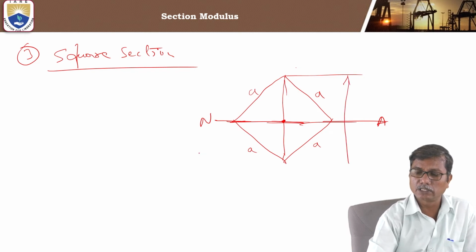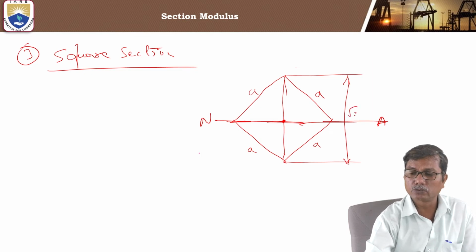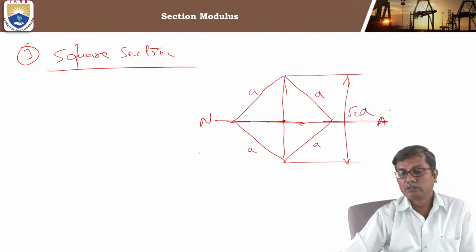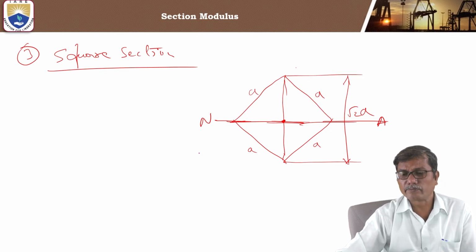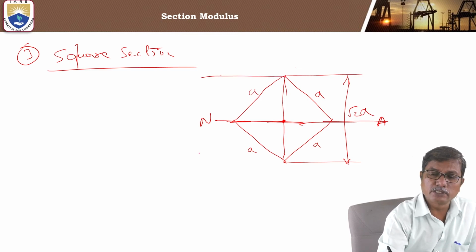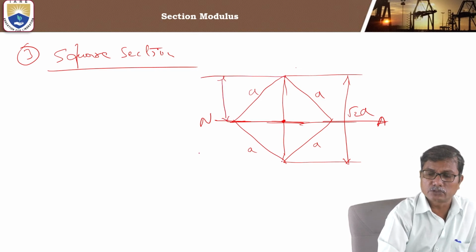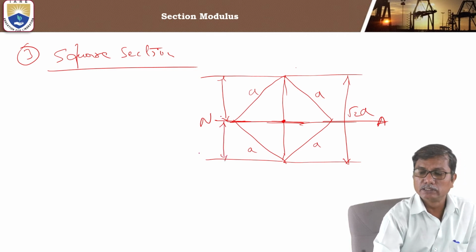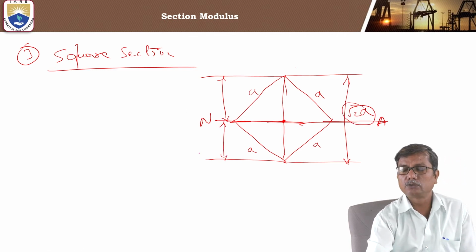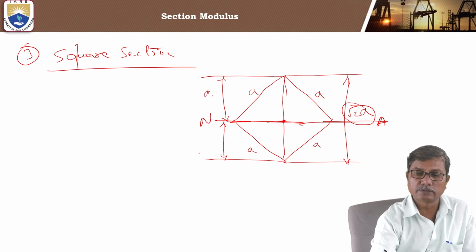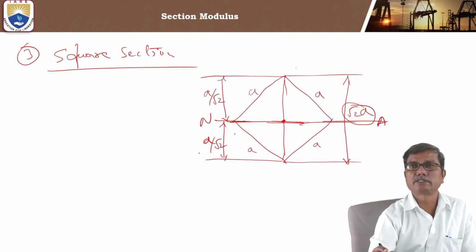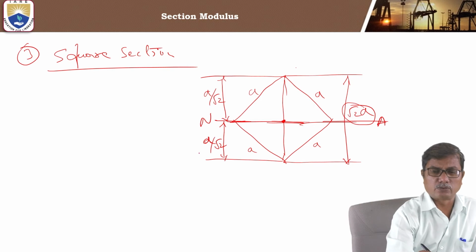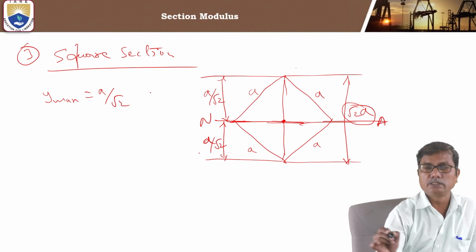The total length of the diagonal is root 2 a. The extreme fiber distance, topmost or bottommost, will be half of this length, root 2 a divided by 2, that is a by root 2. So y maximum is a by root 2.